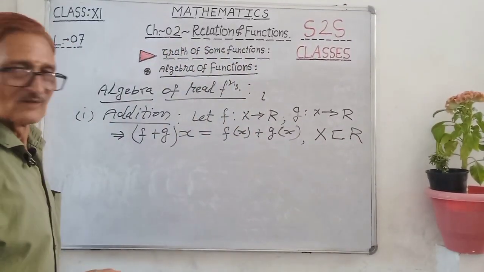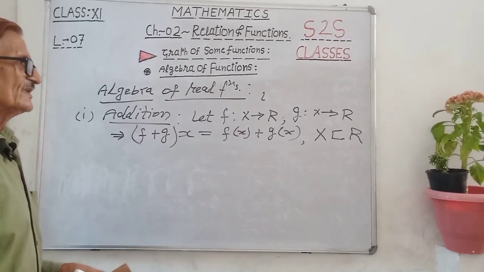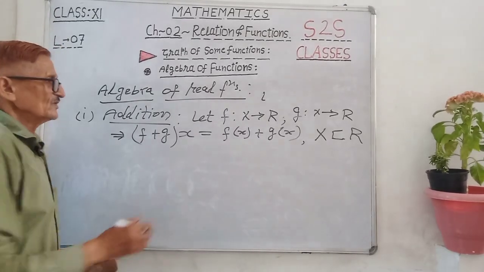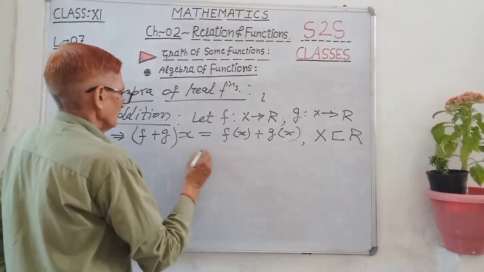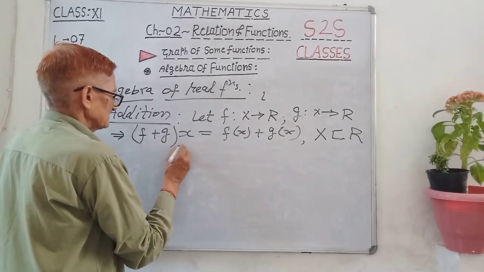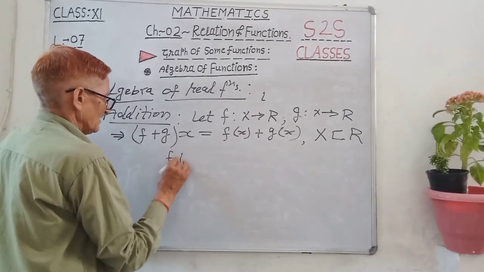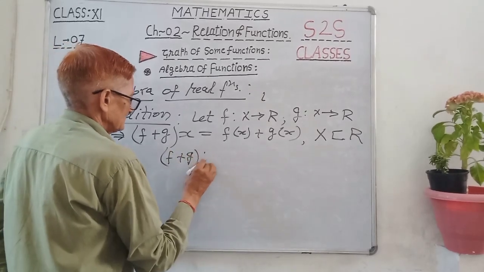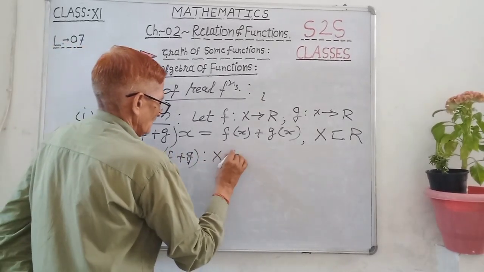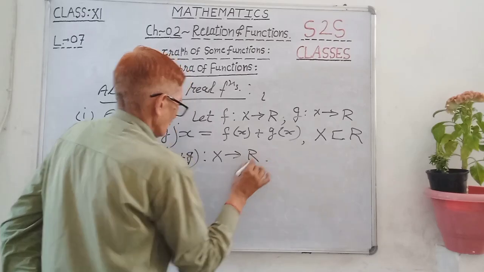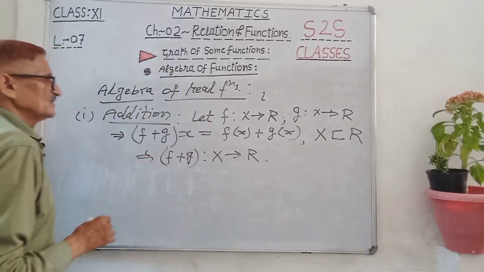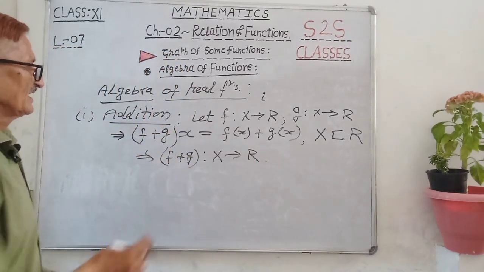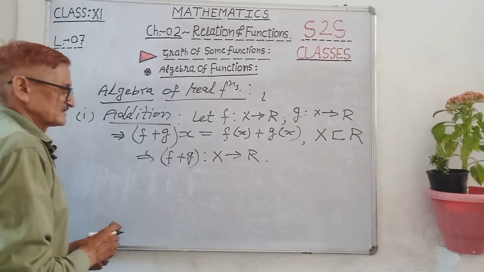And then the sum will also be the same: X to R, this is also a function, f plus g of x, such that X to R. So this is the algebra of addition, that is, f(x) plus g(x).